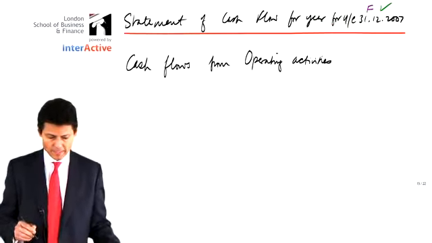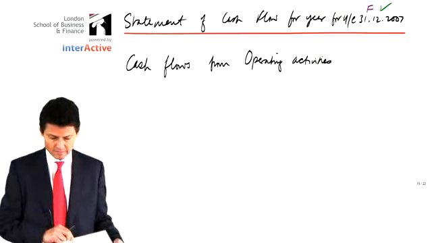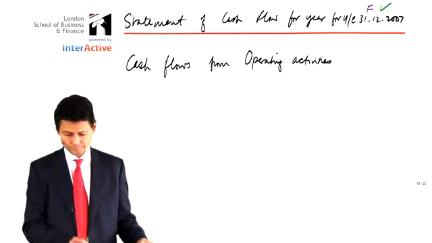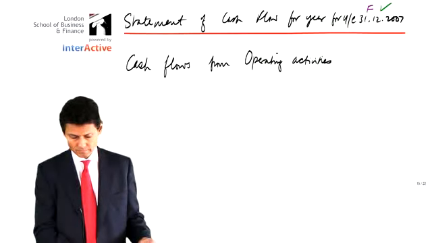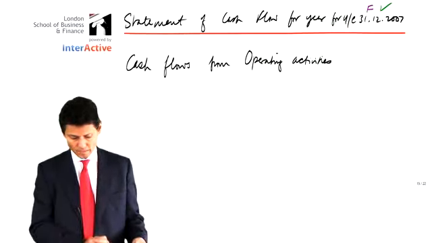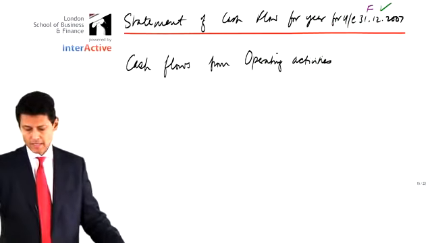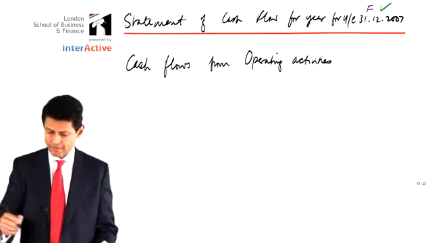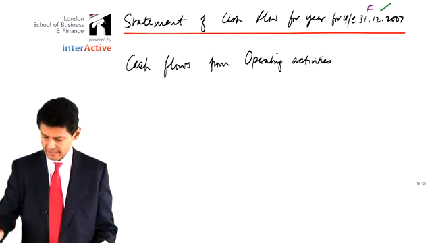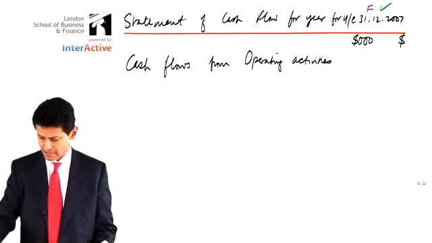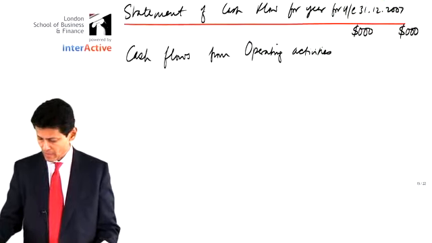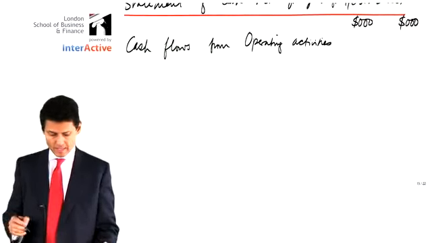Cash flow from operating activities. A couple of headings may be ideal. A bit to the left you have dollar signs, thousands. A bit to the right. I'm going to concentrate on the one on the left to start with.